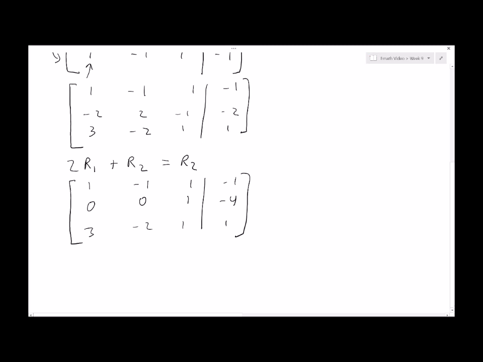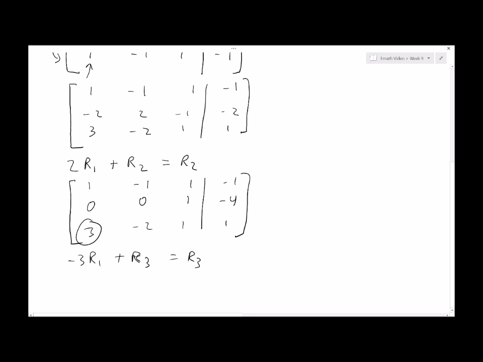And now we want this to be 0. So we're going to do -3 row 1 plus row 3 equals row 3. So we're always going to use that first column, first row, to start canceling the 0 to make these two 0.